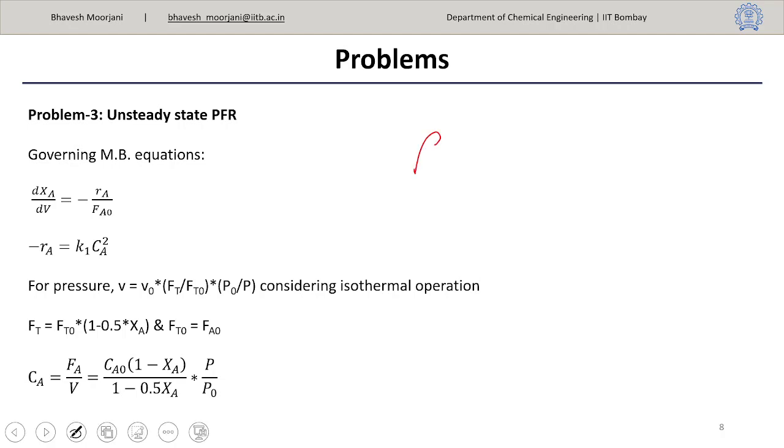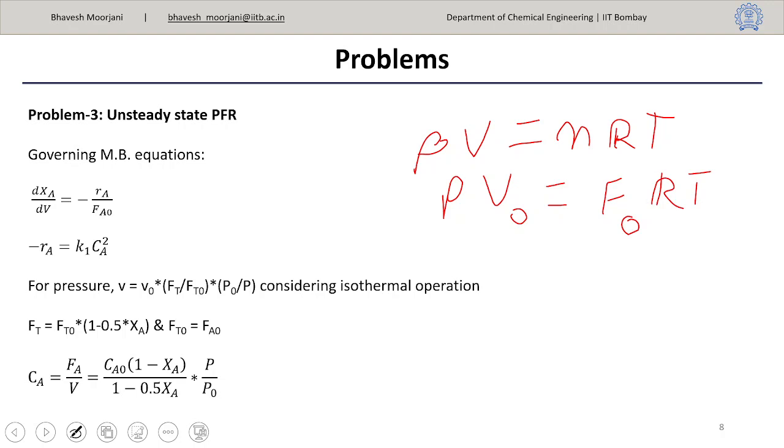In the ideal gas law you have PV equal to nRT, correct? Then if you divide both sides by time, instead of volume you will get the volumetric flow rate, and instead of moles you will get the molar flow rate.